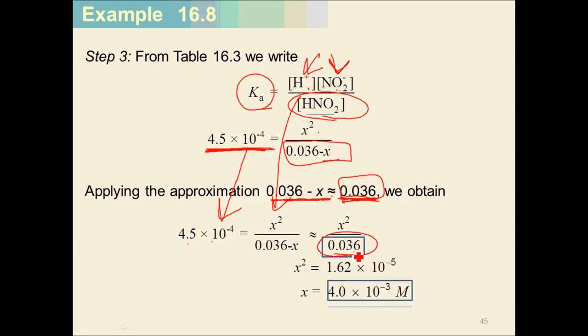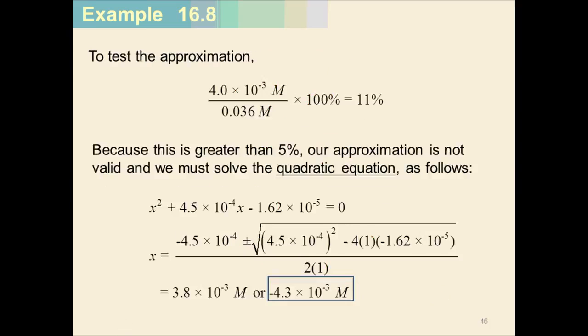Let us solve now for our x. Remember to multiply both sides by the 0.036, and you will then get x squared is equal to 1.62 times 10 to the minus 5th. Take the square root of that. 4 times 10 to the minus 3rd molar is the concentration at equilibrium.